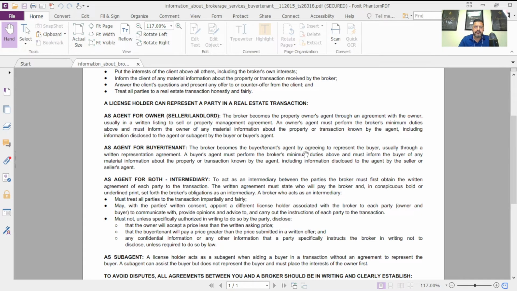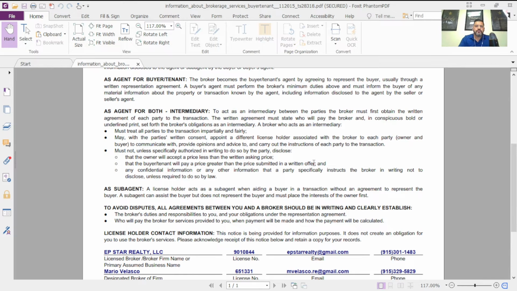One sales agent for the seller, one sales agent for the buyer, so they can be represented. Working intermediary without appointments means that the buyer and the seller have agreed in writing to work with the same agent. But it's very important that they are aware of their rights and limitations when they're working as an intermediary.